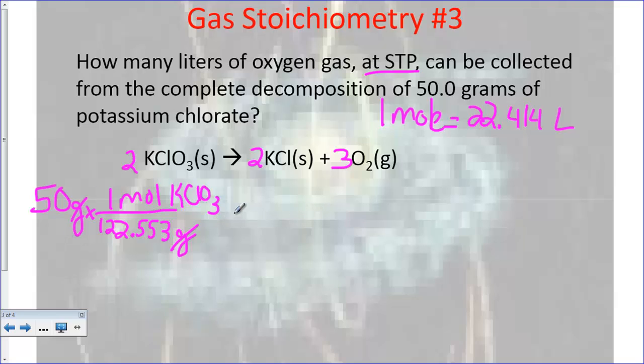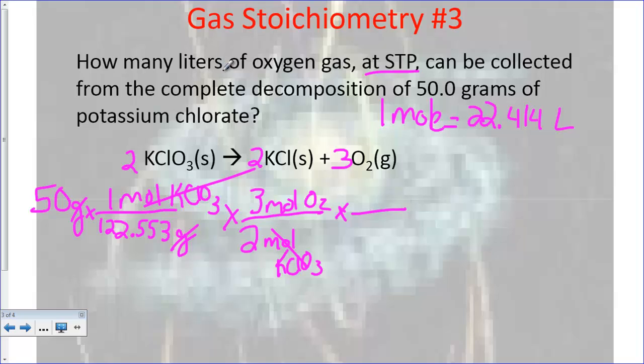Okay, now we're trying to get to oxygen, so we need to get our mole ratio from our balanced equation. So we got 2 moles of the KClO3 to 3 moles of oxygen. All right, now we're not done yet because we've still got to get to liters of oxygen.